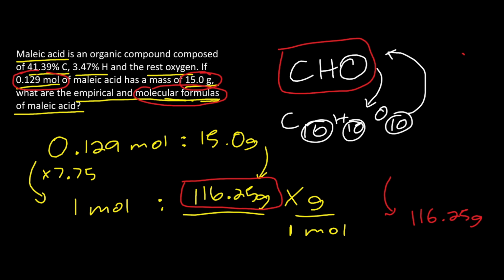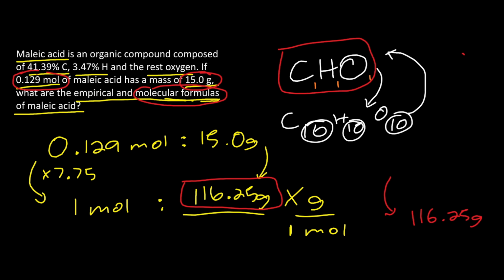And then we just take our subscripts, which in this case are just 1, 1, and 1, and multiply them by that factor. So all we have to do is determine the molar mass of this compound, CHO, which is fairly easy because we just add the molar masses of C, H, and O.